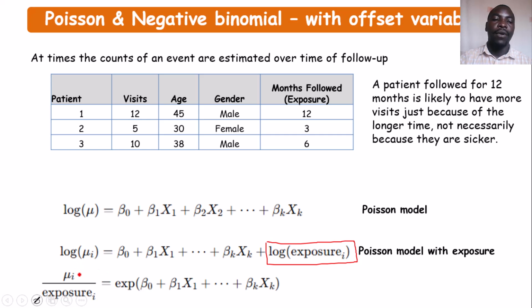Meaning, I'm not just modeling the count outcome, but I'm modeling a rate per unit of the exposure variable. If it is months, maybe count per month. If it is a population, the number of malaria cases per 1,000 or per population at risk. So that's where the offset variables become important.